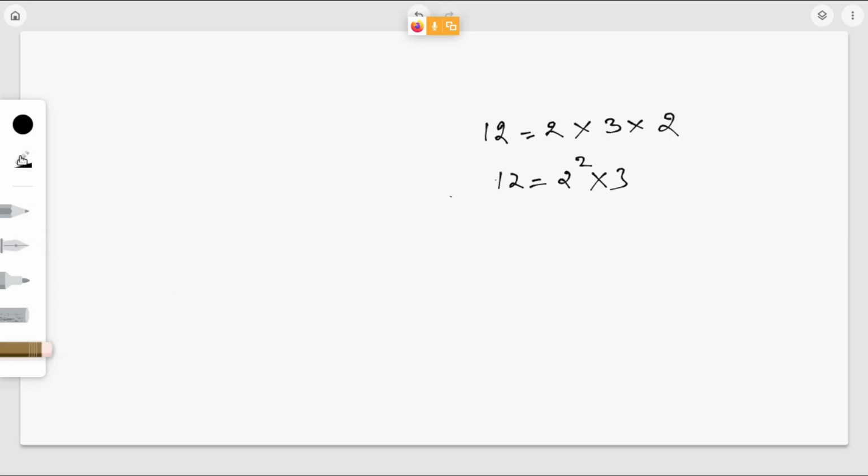So now, how to use this factorization, or the factors of a given number, to find the HCF of given two numbers? How to use this fundamental theorem of arithmetic to find the HCF of given two numbers?